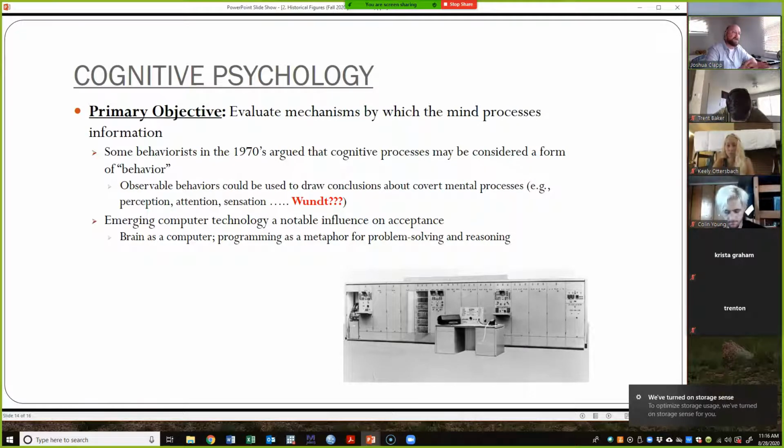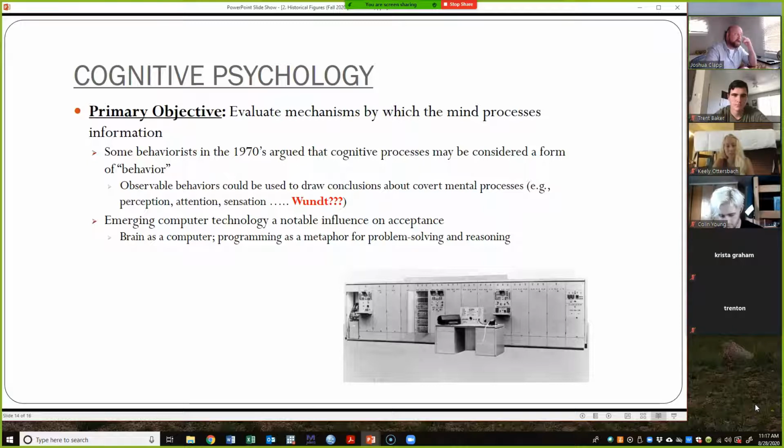And so what the cognitive psychologists started to do is take thoughts and cognitions and perceptions and treat them as a type of behavior, and say we can start to study this.